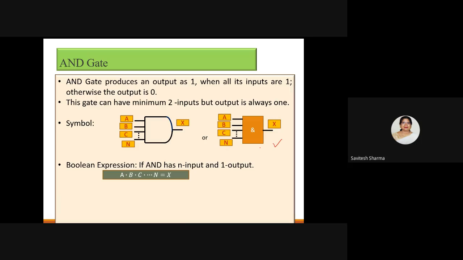If you have n inputs, you arrange all the input variables, A, B, C, D up to N, and separate them with a dot. The dot is the symbol that represents the AND operation.